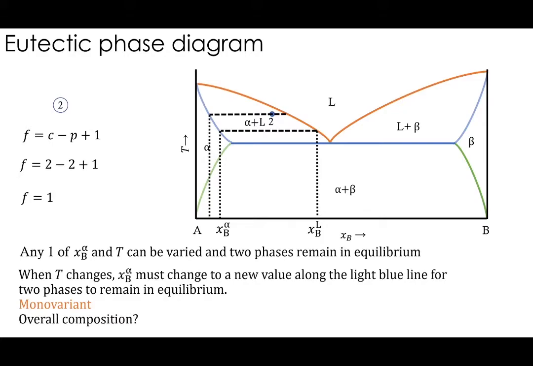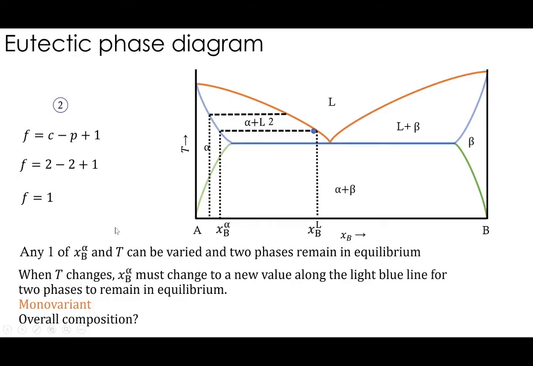What about overall composition? We are talking only about XB alpha and XA alpha, XB liquid and XA liquid, which are individual phase compositions. Why are we not talking about overall composition? If you see how we derived the Gibbs phase rule, we never used overall composition there. In fact, overall composition can vary throughout this range.